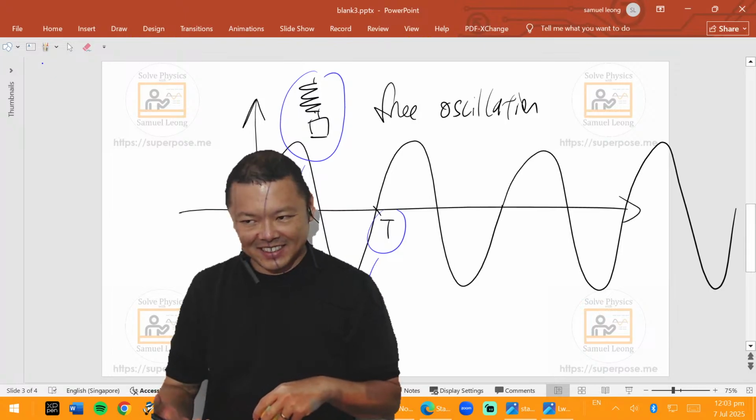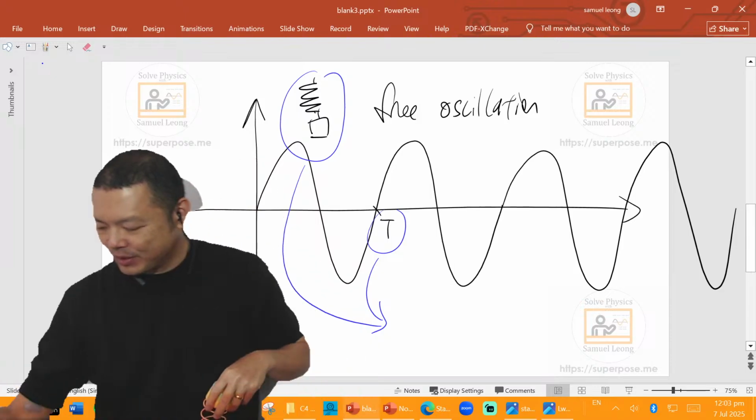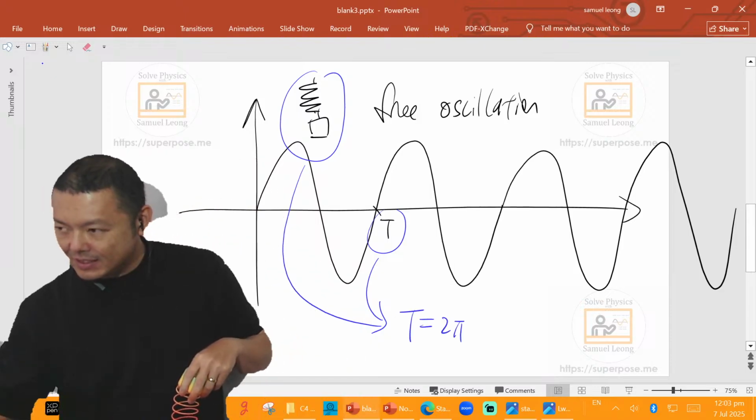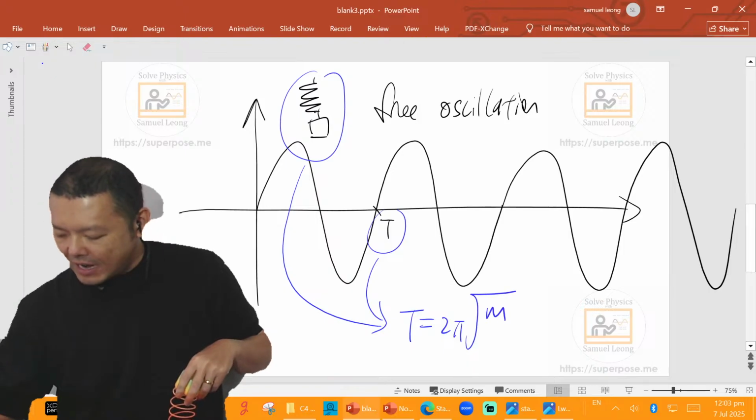Good. T equals 2 pi square root m over k.